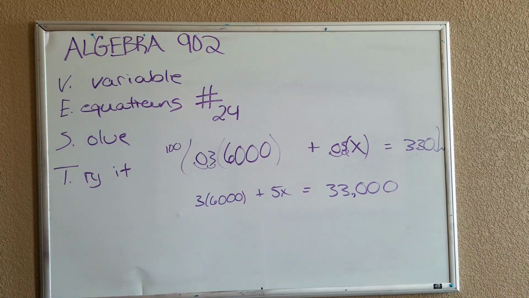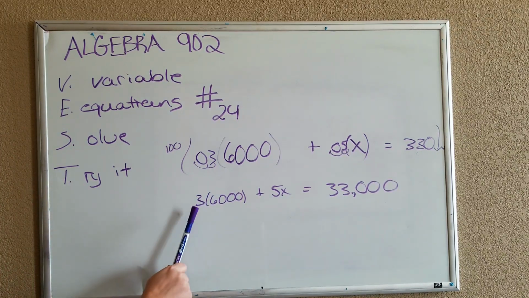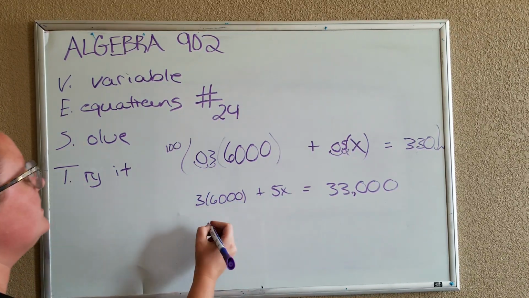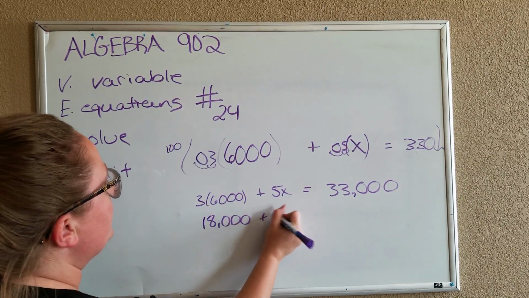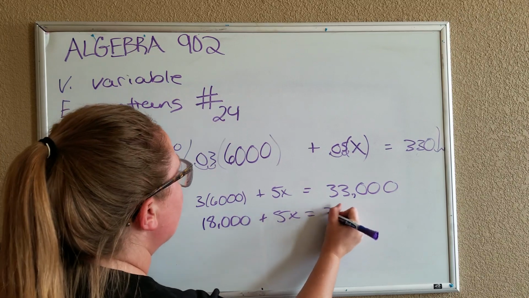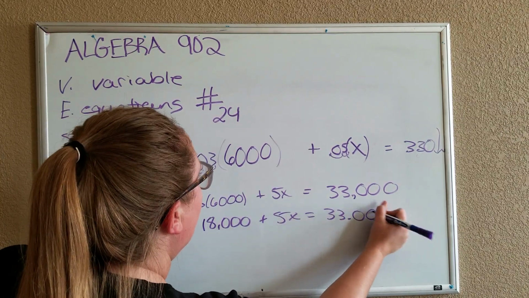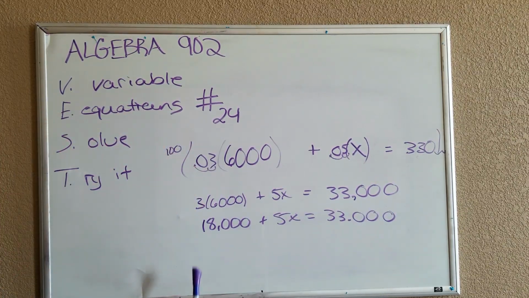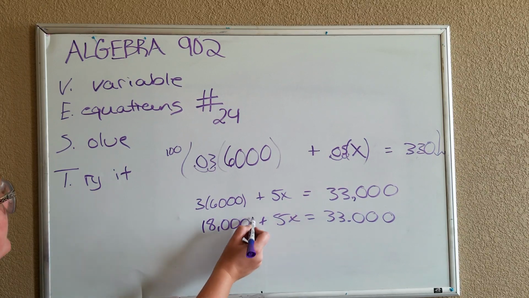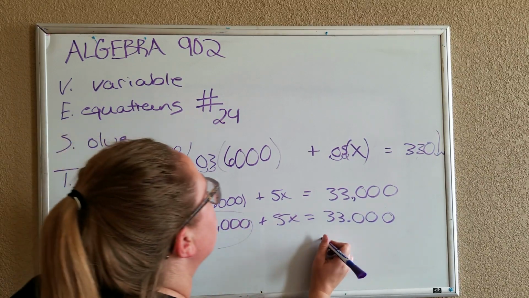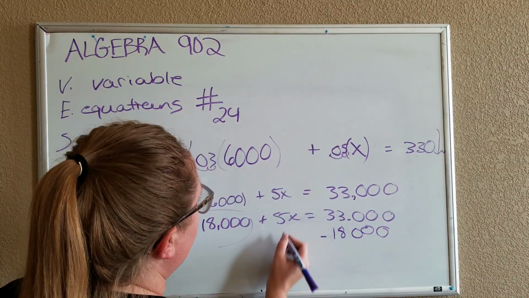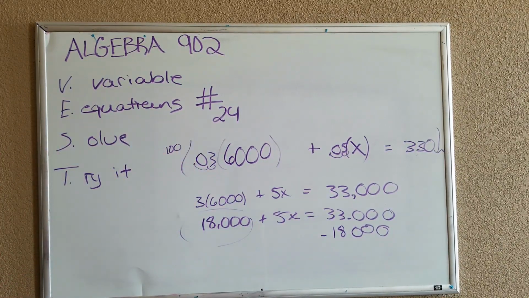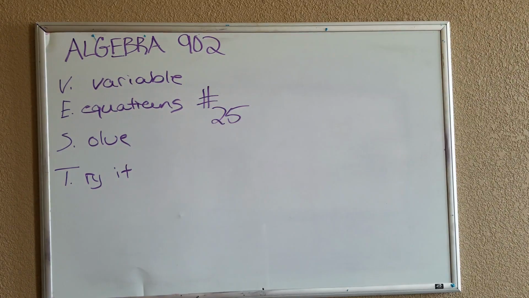Go ahead and do your multiplication. 3 times 6,000 is 18,000, because 3 times 6 is 18, plus 5x equals $33,000. Then all you got to do is solve for x. Remember, this is added, so it's going to move over here and subtract. Subtract those two and then divide by the 5, and you'll have your answer for number 24.